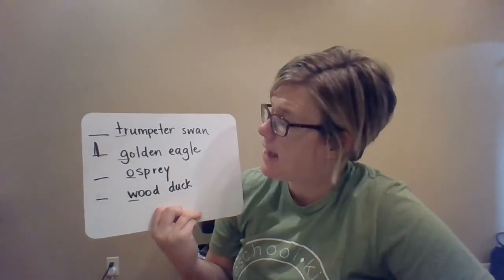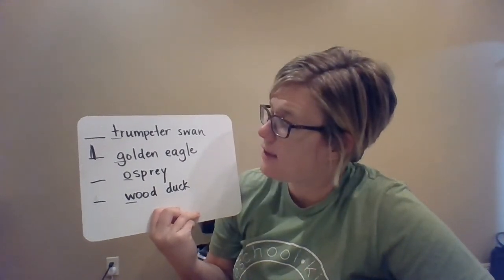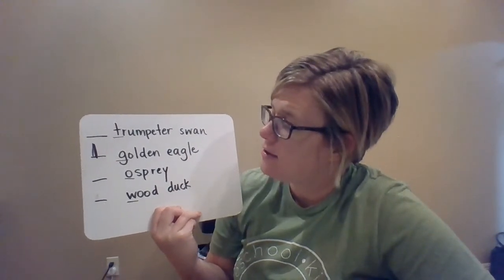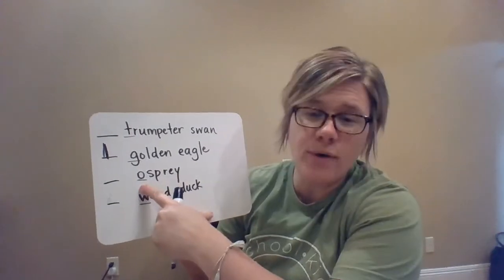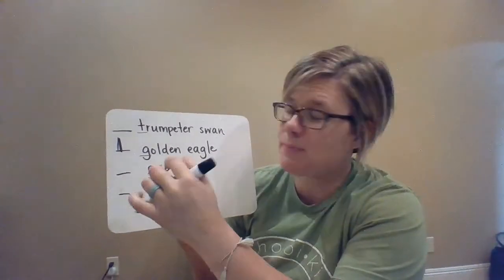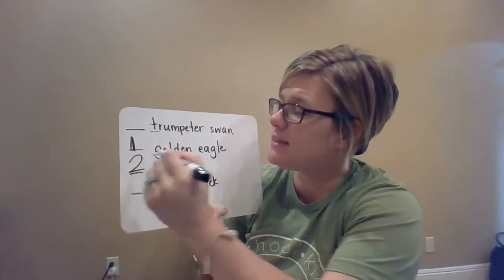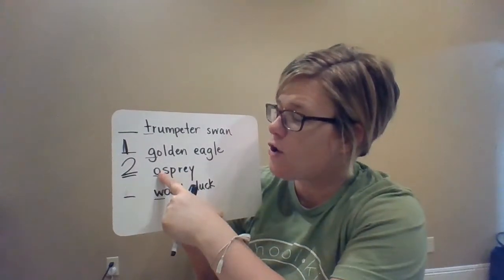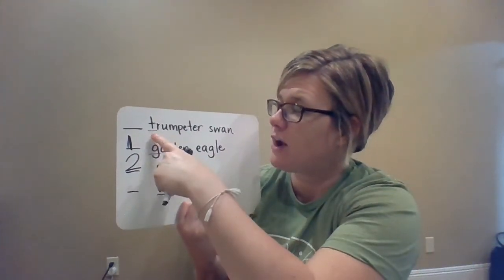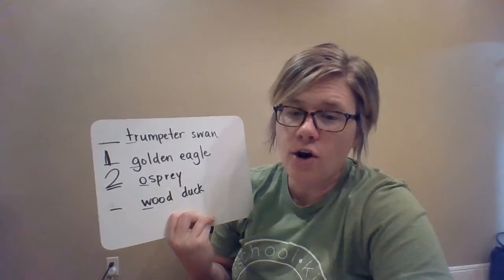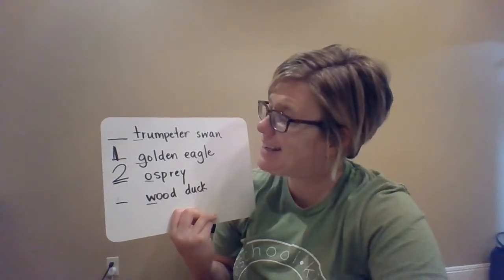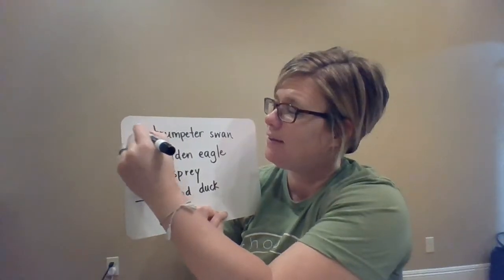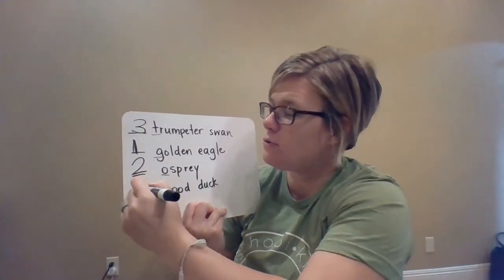H, we'll keep going. H, I, J, K, L, M, N, O. We have an O here. So what are we going to put in this blank? A 2 because it's next. So we're at O and we got to keep going because we got to figure out T or W. O, P, Q, R, S, T. And we know that W would be last.